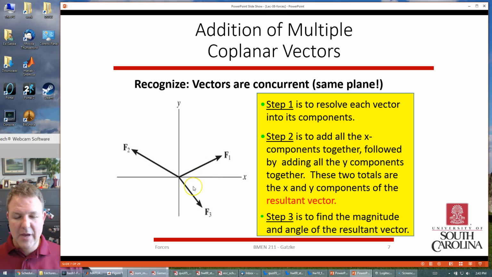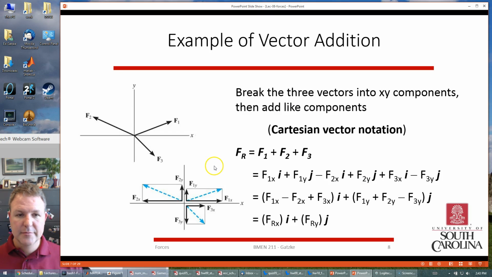Now, something we hadn't talked about is negative components. In this case, F1 is in quadrant 1, so X and Y are both positive. F2 is over in quadrant 2. Fx is going to be a negative component, and Fy is going to be a positive component. And here, F3 is going to have a positive X component, and Fy is going to be a negative component.